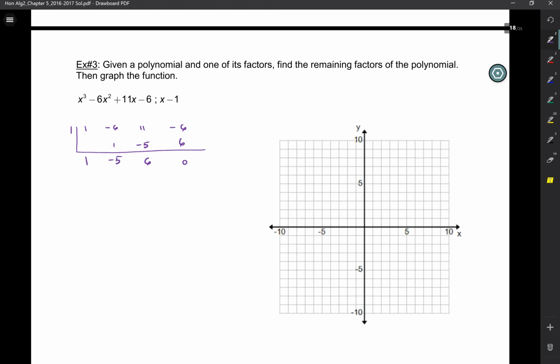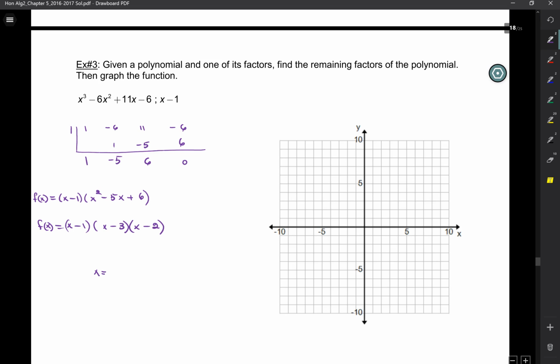All right? So f of x is equal to x minus 1 times what? x squared minus 5x plus 6. So f of x is equal to x minus 1, x minus 3, x minus 2.